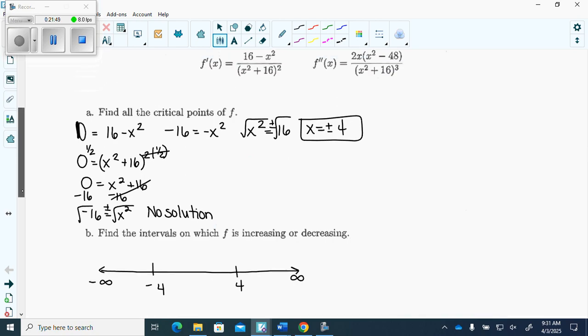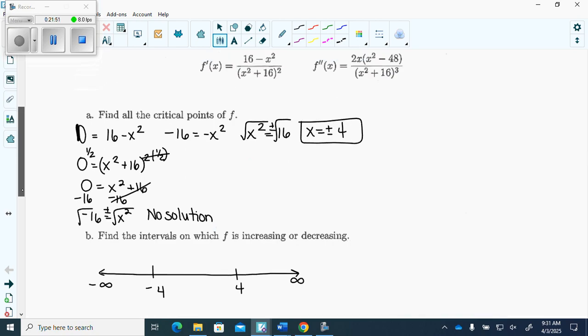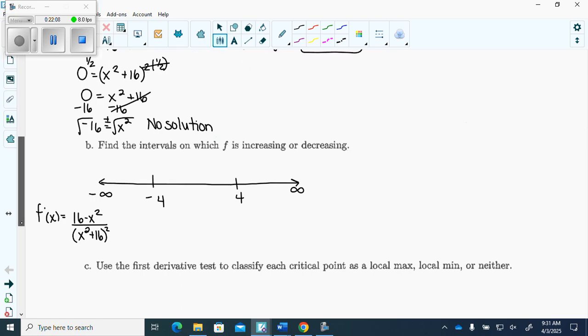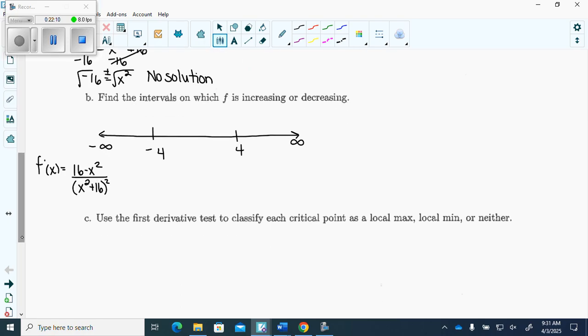And we have to run test points on f prime of x. F prime of x equals 16 minus x squared. So try that out. And then the first derivative test is just if it's decreasing to increasing, you have a what?